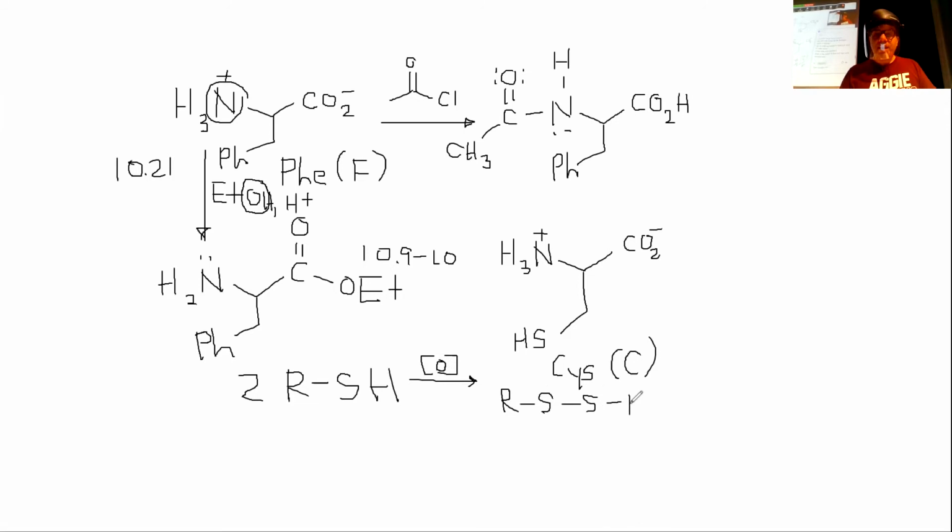It's kind of the sulfur equivalent of a peroxide. So this is a disulfide. And the opposite's also true. You can reduce a disulfide back down to 2 thiol molecules.